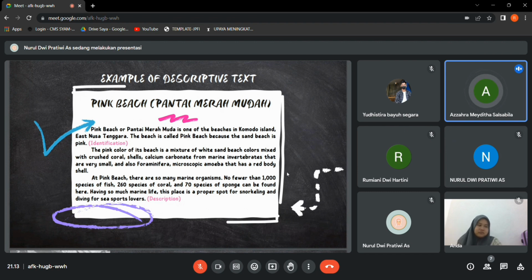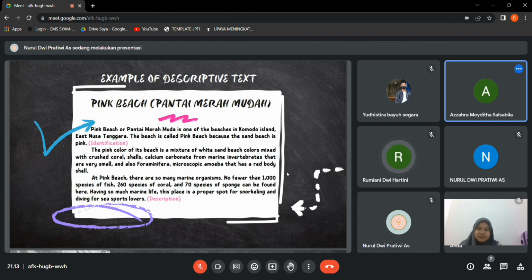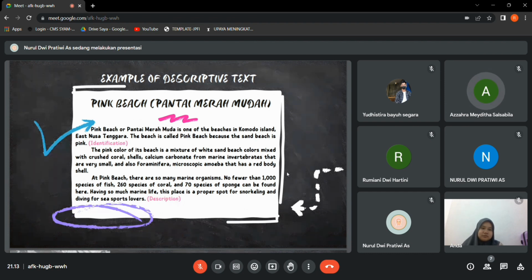Can you guys see the text? Yes, ma'am. Okay, so the title of the text is Pink Beach. There are 3 paragraphs there. The first paragraph: Pink Beach is one of the beaches on the island.